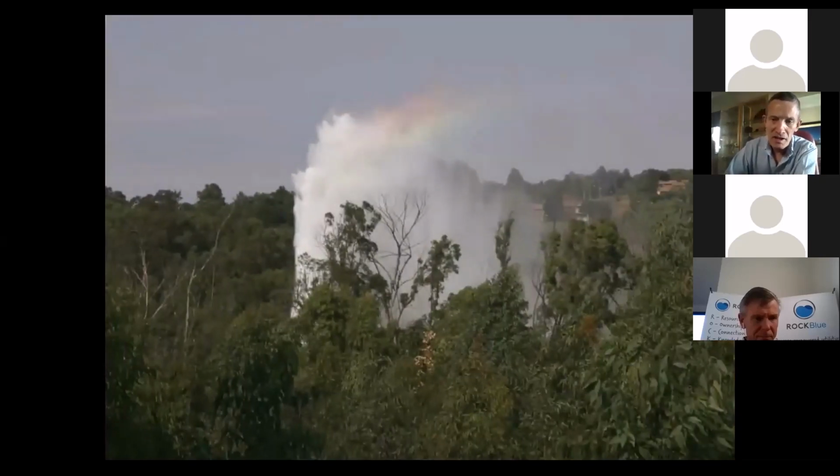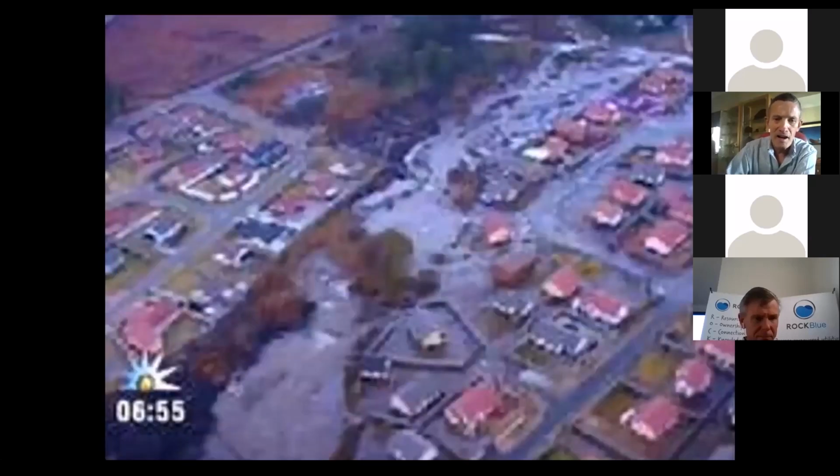This is a bulk distribution main leak, which was running at probably 200 meters of pressure when it burst. And you can see it was fairly substantial. So all of these huge leaks that you see are termed burst leaks.